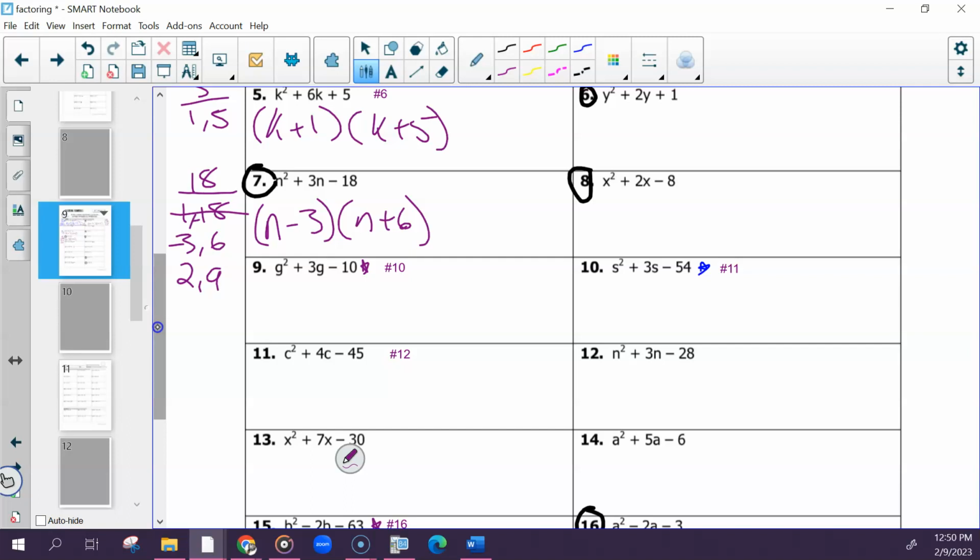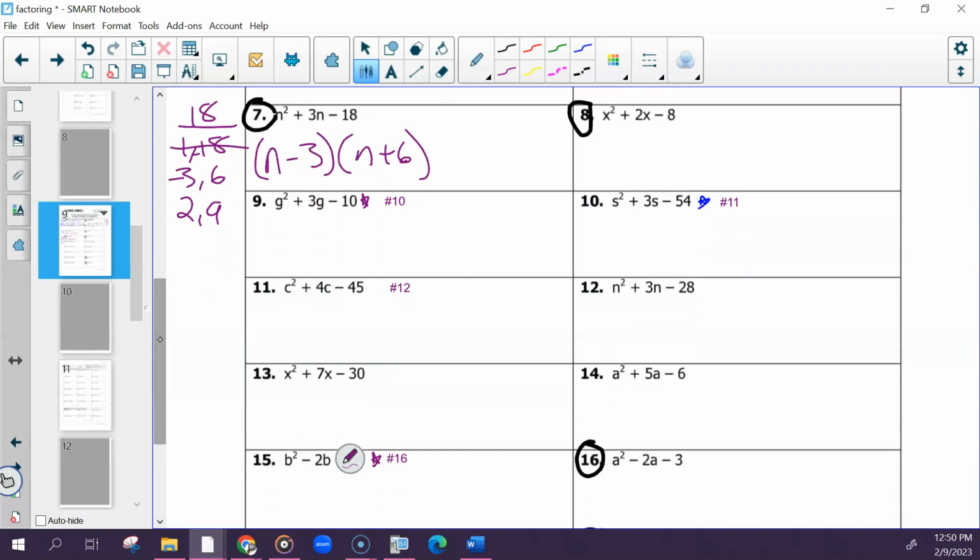Alright, let's do another. Let's do 10. 10 has a lot. What are some factors of 54? 1 and 54. Okay. 2 and 27, 6 and 9, yes.